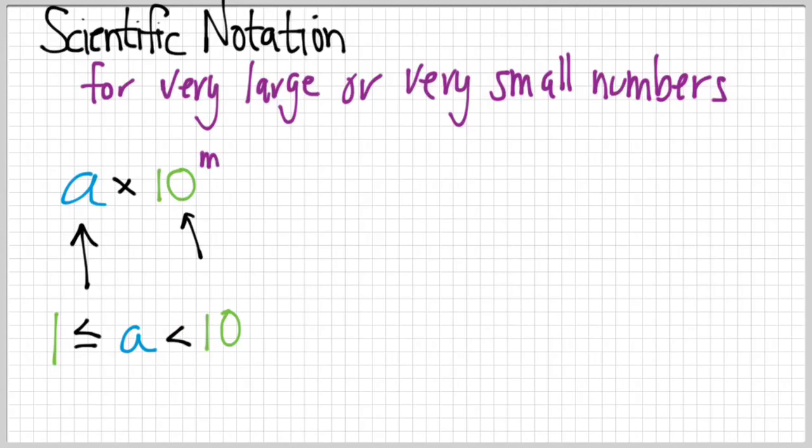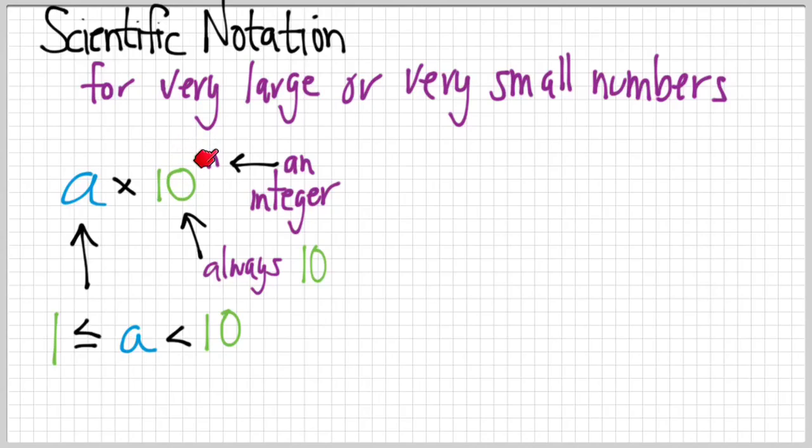The 10 here is always a 10. There's just always a 10 there in scientific notation. And then we have this power, which will always be an integer. If you're only just learning powers and indices, you might be surprised that there can be other kinds of exponents.